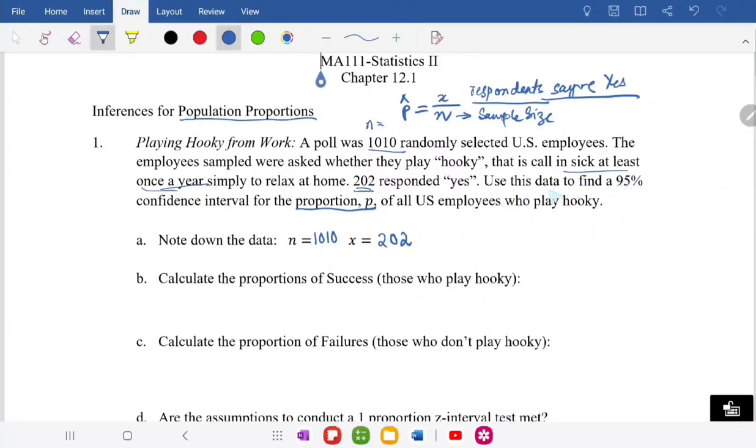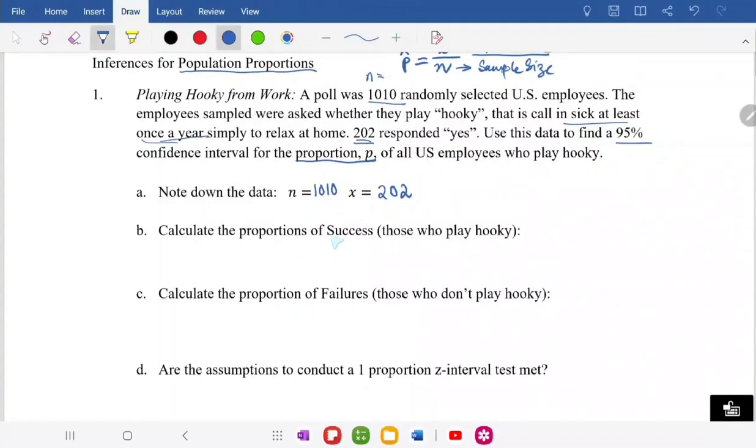So the question is to use this data to find a 95% confidence interval. But before we go into finding the confidence interval, we have to determine the proportions. The proportion of success is p hat, which goes by the simple formula p hat equals x divided by n.